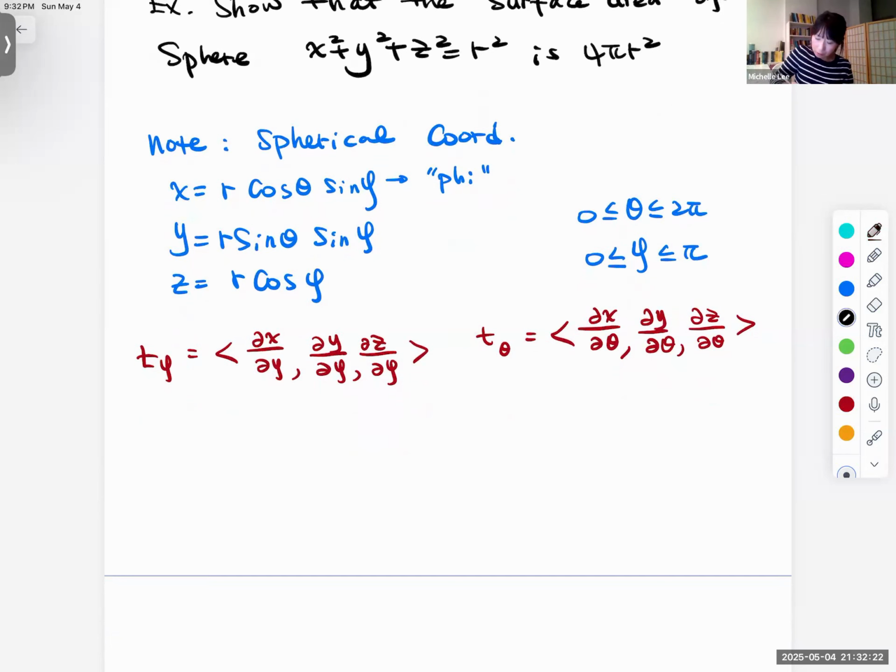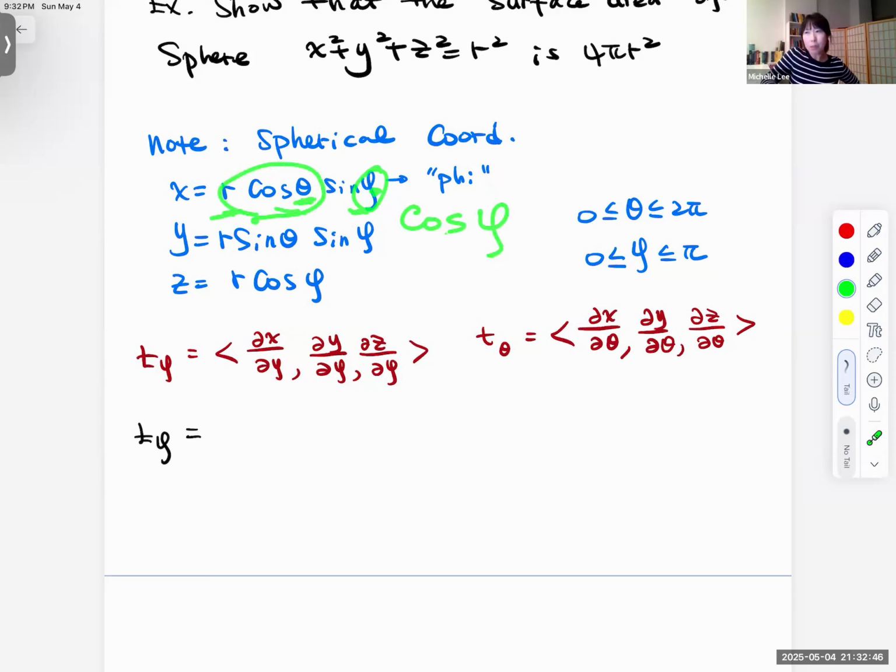Okay, so let's do that. Let's find the partial derivative with respect to phi. We're looking at the first one, x, with the partial derivative with respect to phi, and theta and r are constant. So there will be cosine phi, and we keep the rest because it's constant. So r cosine theta cosine phi.